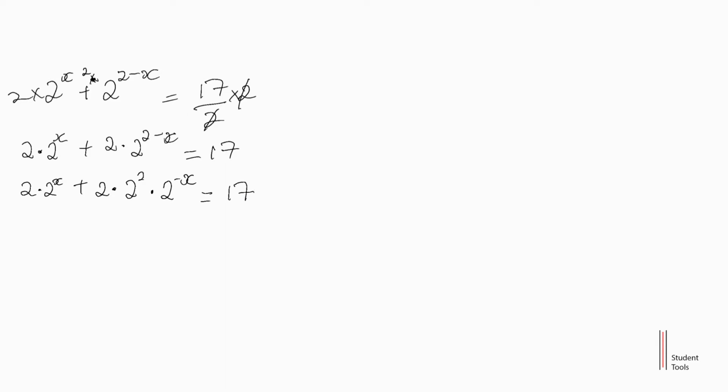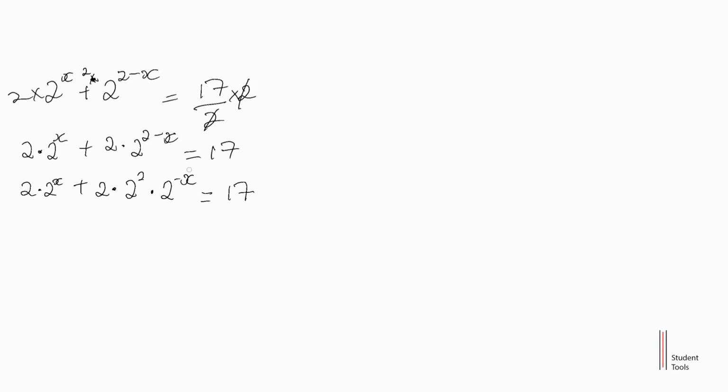Okay, now these exponents look a little bit complicated. So far, there's nothing we can change here, and we did not have so many like terms, because here we have 2 to the power x and here we have 2 to the power minus x, so we cannot add or subtract this.